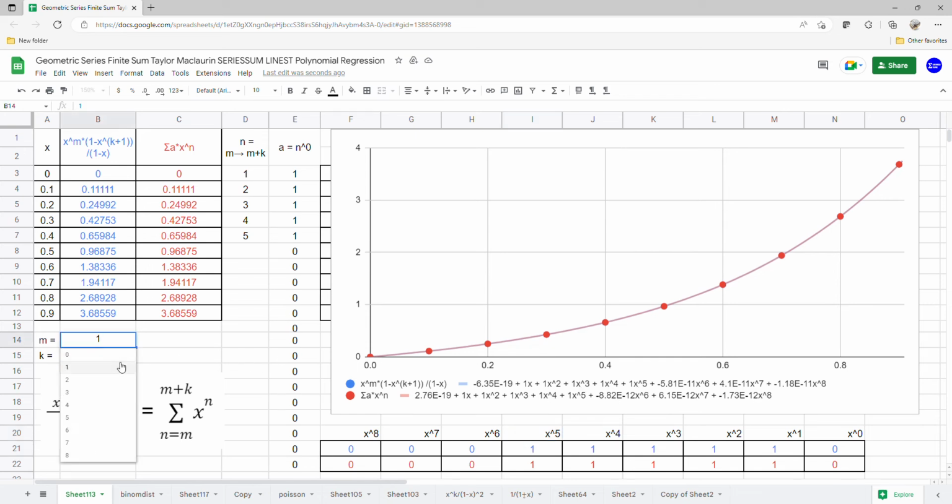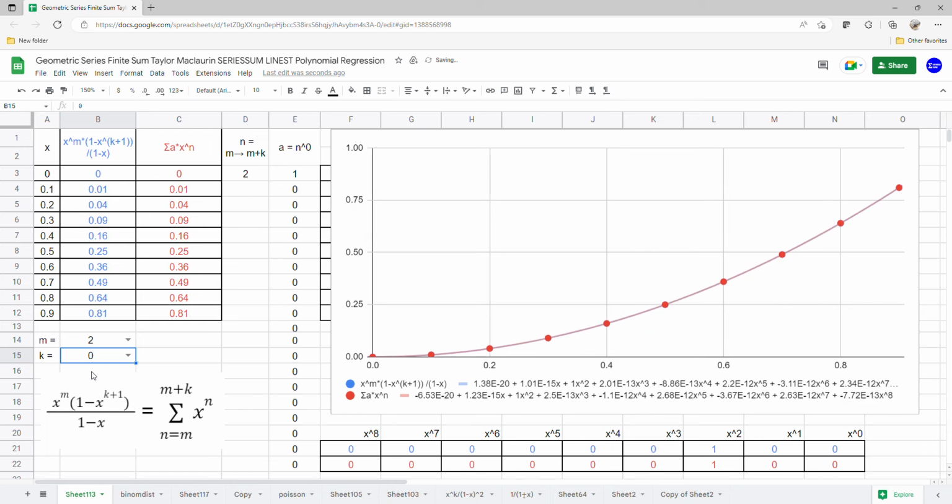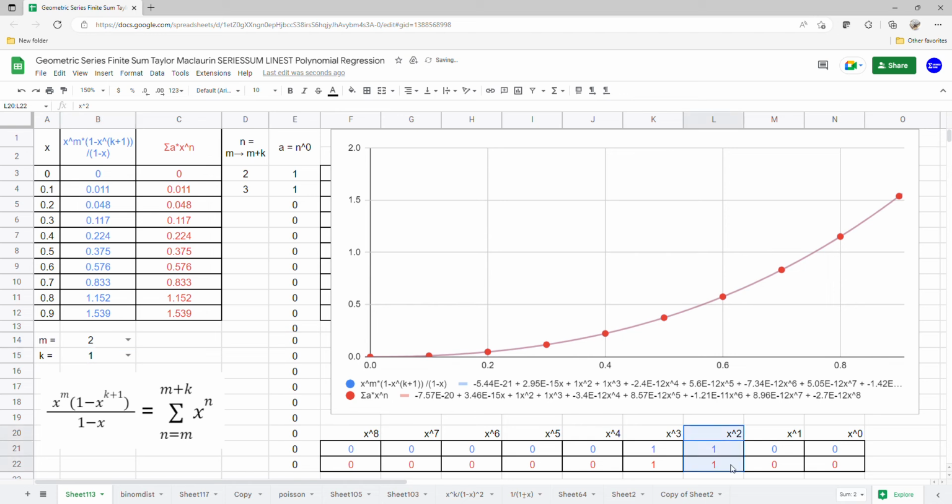Suppose I assign m equals 2. We start from 2. So start from 0. That's x squared. At k equals 1, that's x squared plus x cubed. K equals 2.